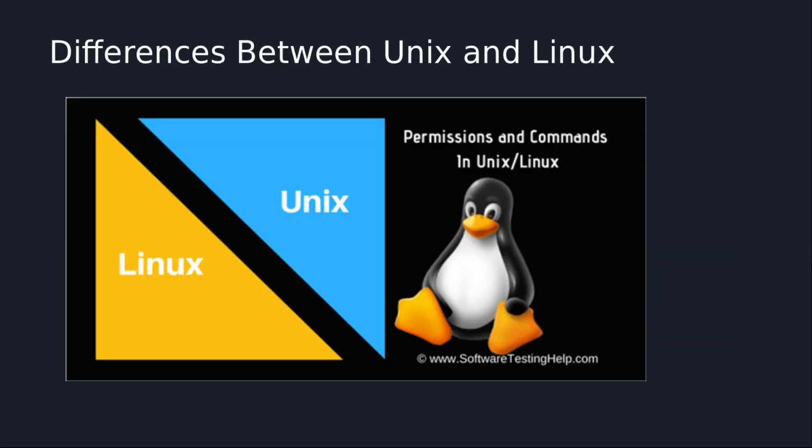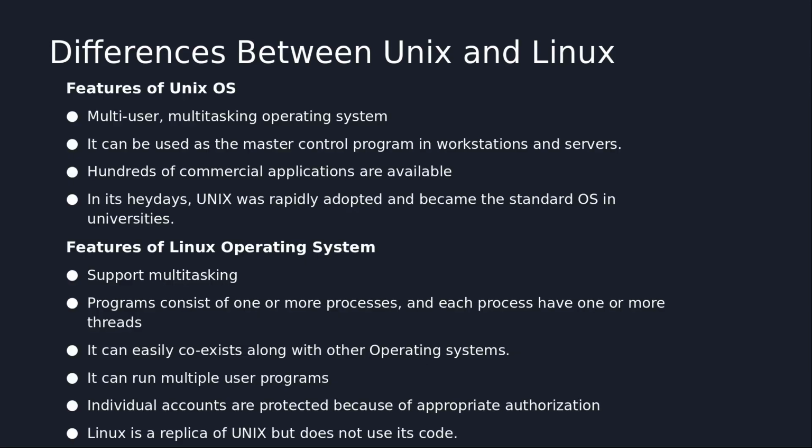Now, what is the primary difference between Unix and Linux? As you can obviously hear, I got the two mixed up. So what are the differences? Now the features of Unix is it is multi-user, and it's also multitasking, so you can do anything and everything on it.